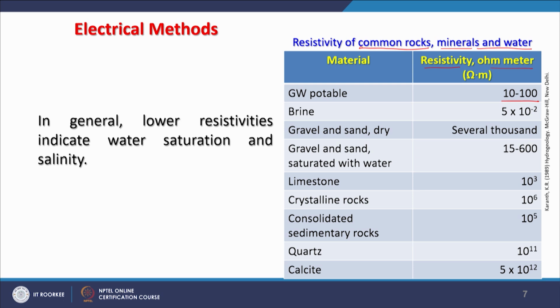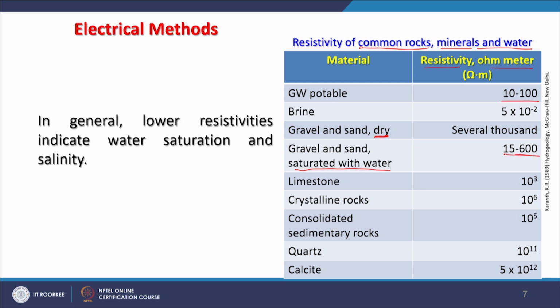And if we see the gravel and sand, one is dry and one is saturated with water, the dry will have several thousand ohm meter, whereas once it is saturated with water, then it will have just a 15 to 600 range, depending on the type of sediments, what rocks or what minerals they are formed from, and what the sorting and other things are.